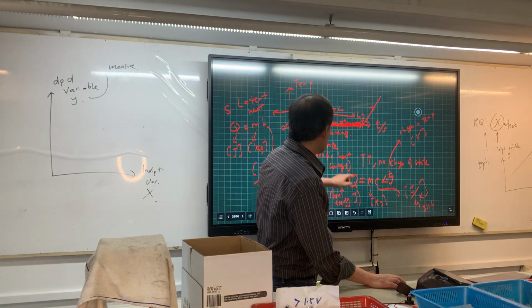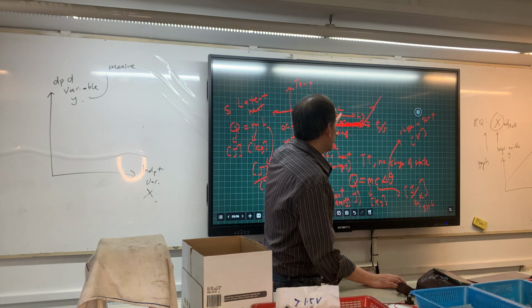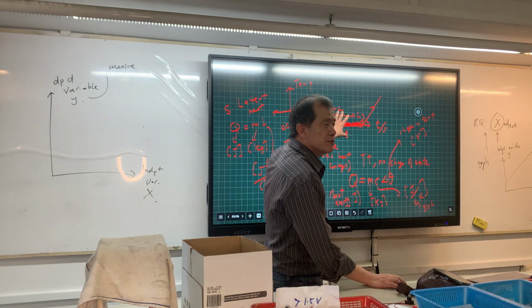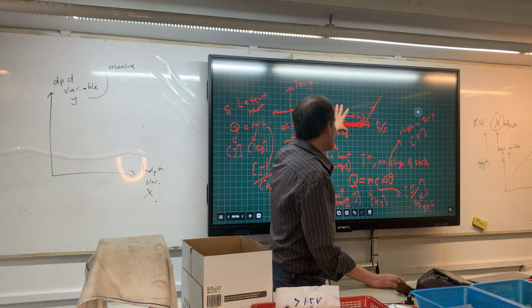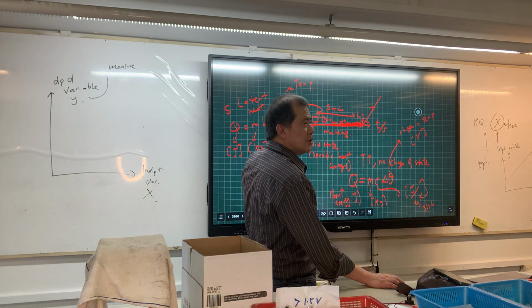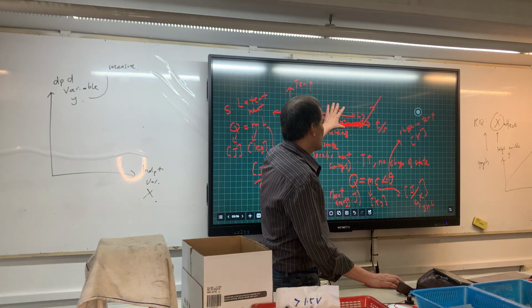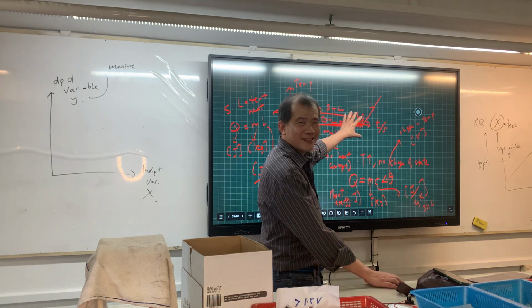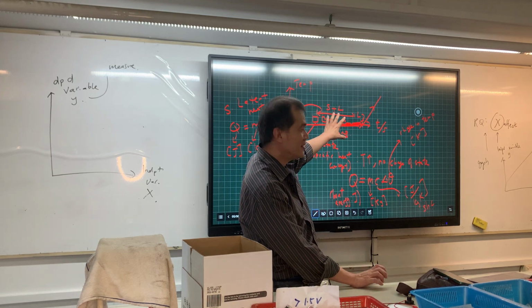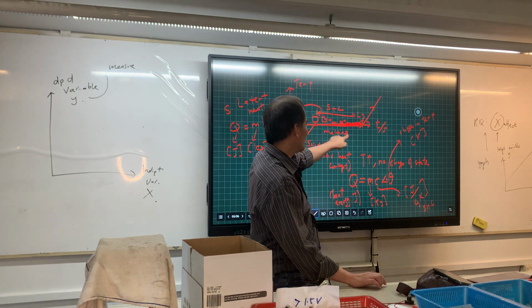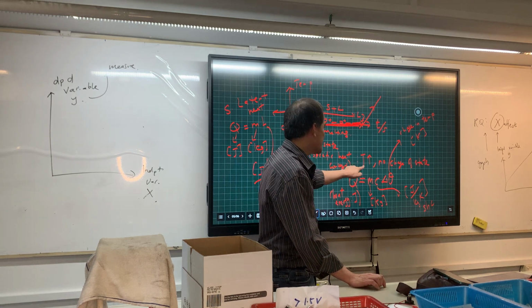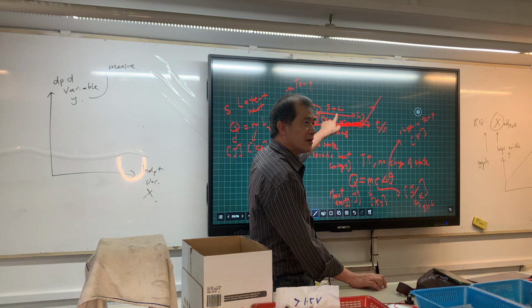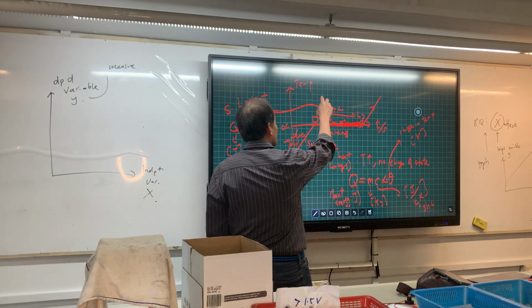Now, this part is melting. Can you see that there is an interchange? Can anyone tell me what is the difference between this latent heat and this specific heat capacity concept? Can you tell me what? Come on. Look at this. Here, for this part, temperature rises, no change of state. For here, what happened? Very good.